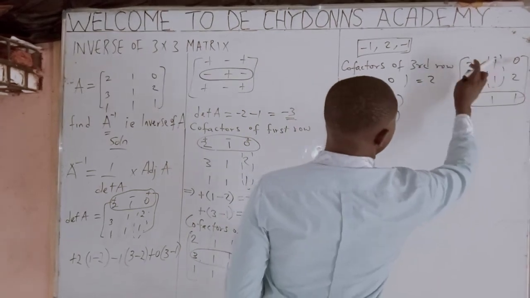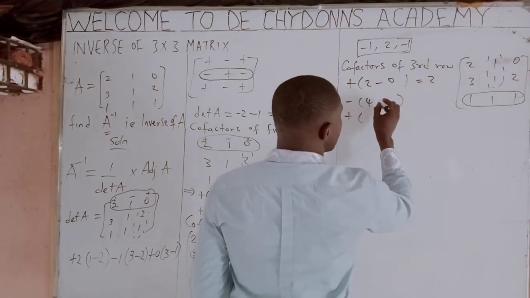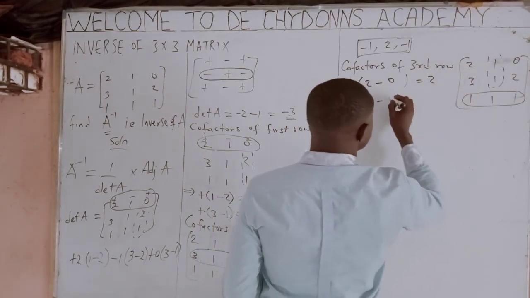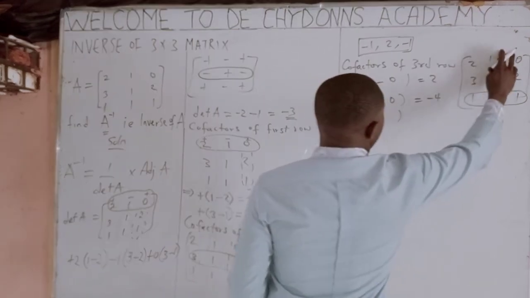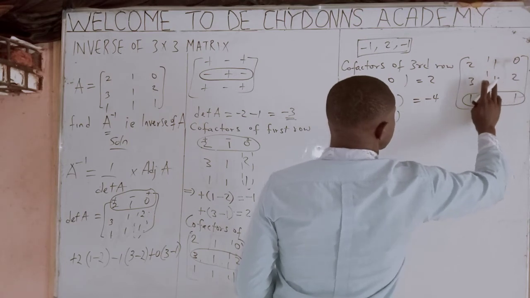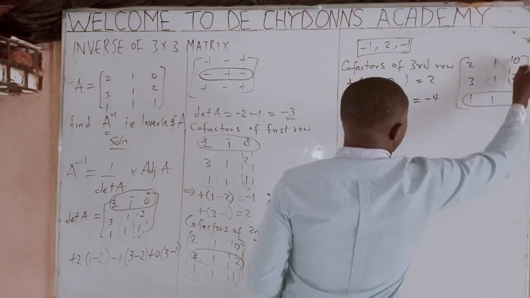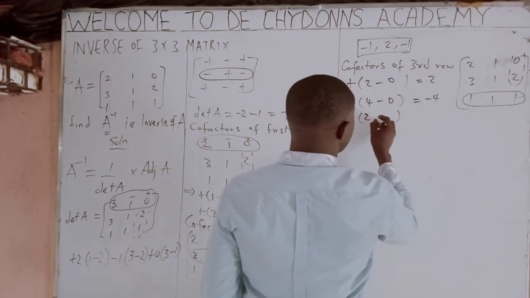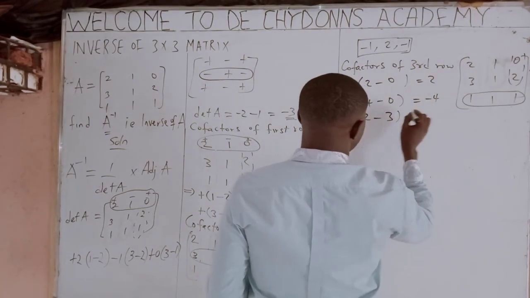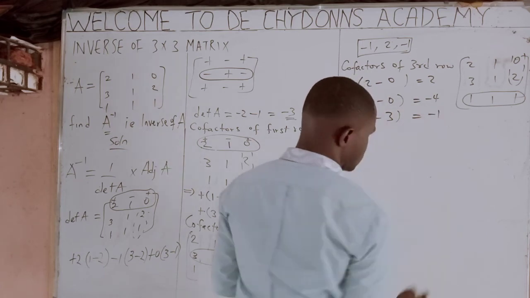Get the 4 elements that appear. 2 times 2, 4, minus 3 times 0, 0. That will be giving me minus 4. Then I'll hold the third column. 2 times 1, 2, minus 3 times 1, 3. That will be giving me minus 1.